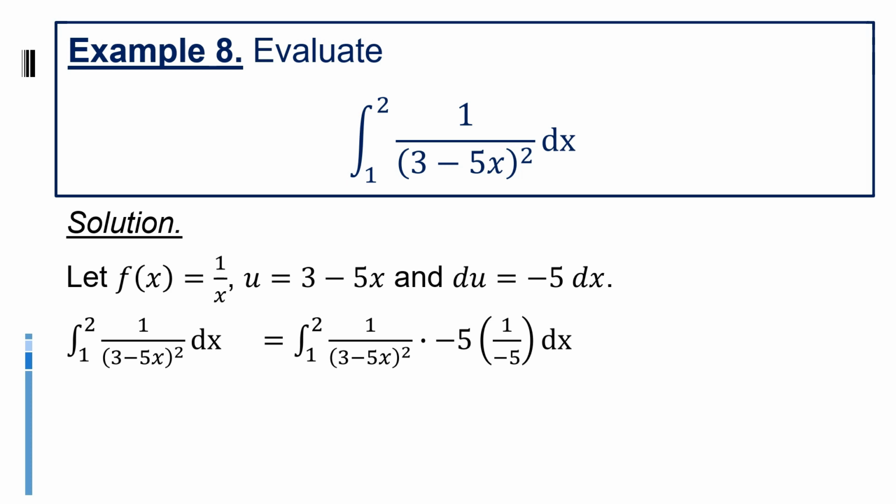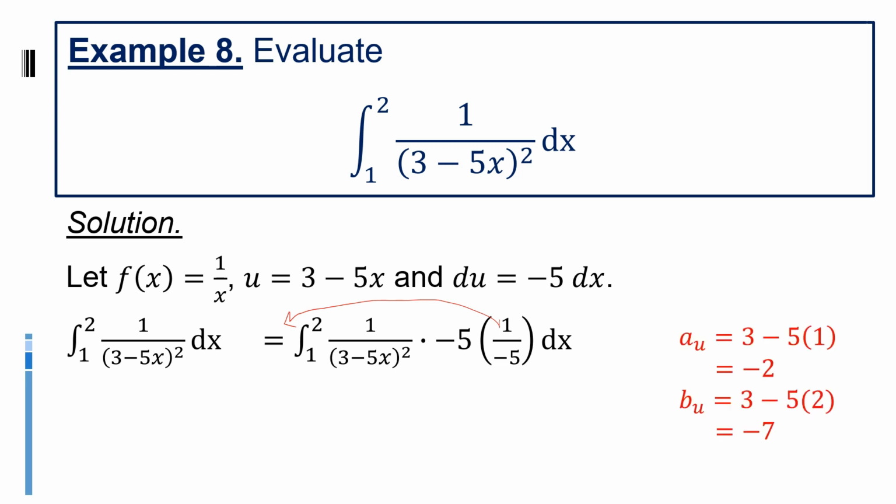So, the integral from 1 to 2 of 1 over (3 minus 5x) squared dx is equal now to 1 over (3 minus 5x) squared times negative 5 times 1 over negative 5 dx. So, ito, ilalabas natin doon.